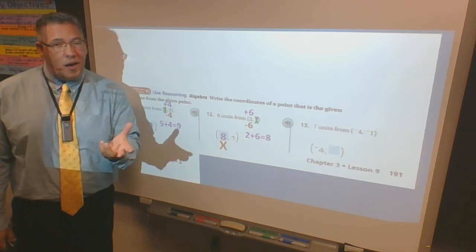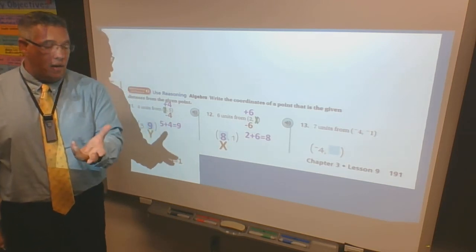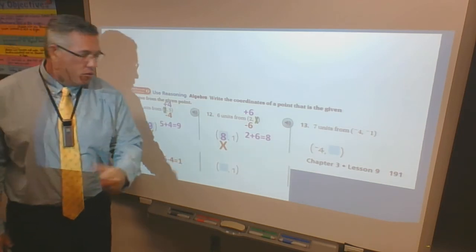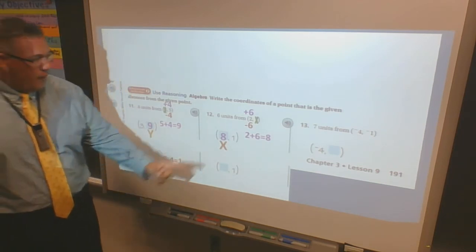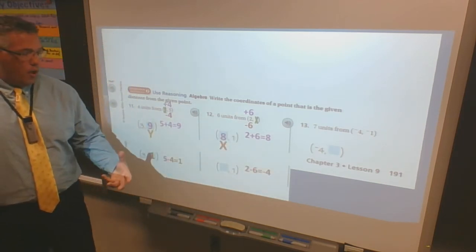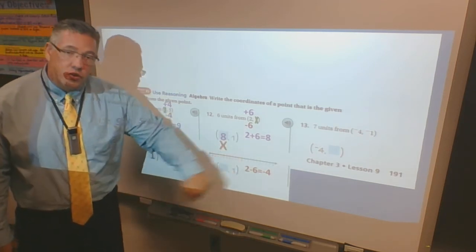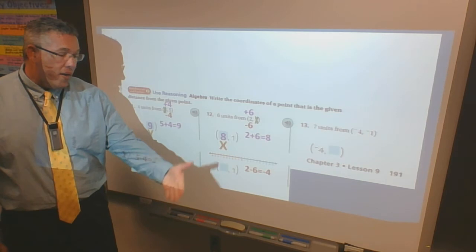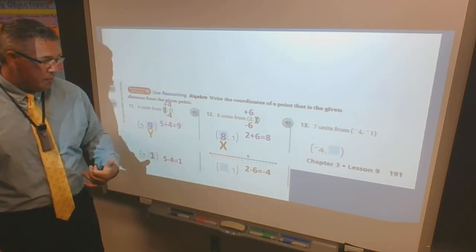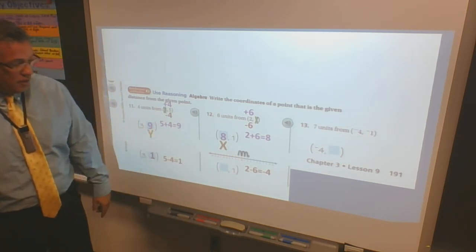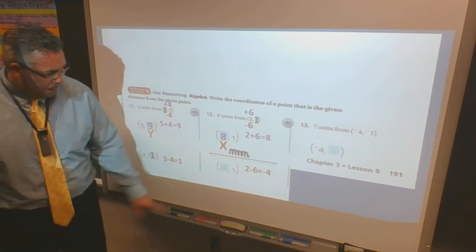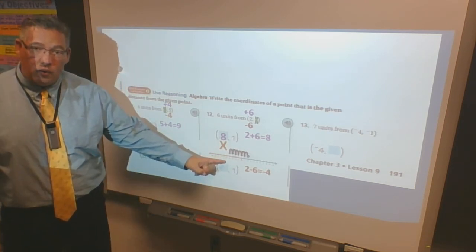Now, we haven't really gotten into subtracting with integers yet. We will get into that in the next chapter. But if I am starting at 2 on a number line and I'm subtracting 6 from it, I'm just going backwards 6 steps. And if I go backwards 6 steps, where does that take me? It takes me to -4, right?